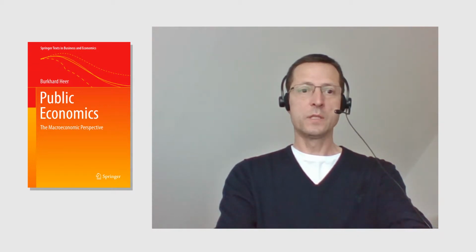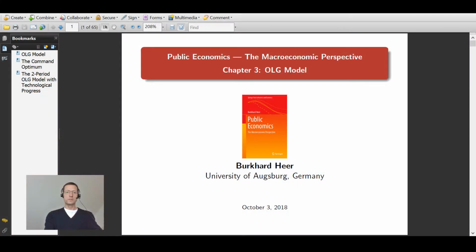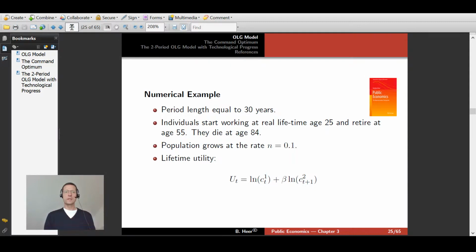So let us go to the slides that are provided on my homepage on the Chapter 3 OLG model, and go to page 25, where the numerical example of section 3.2 is explained.